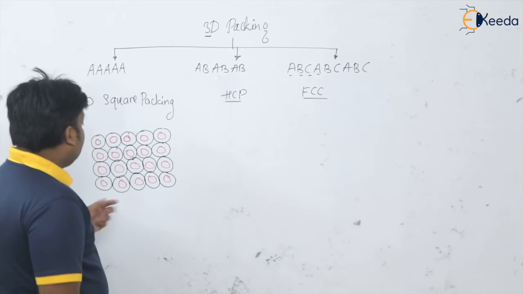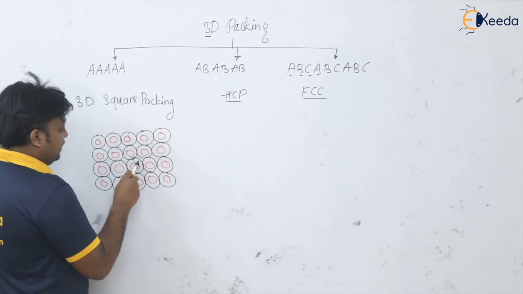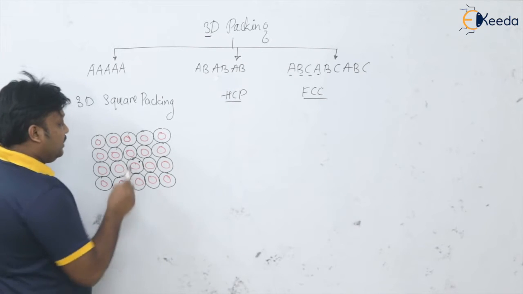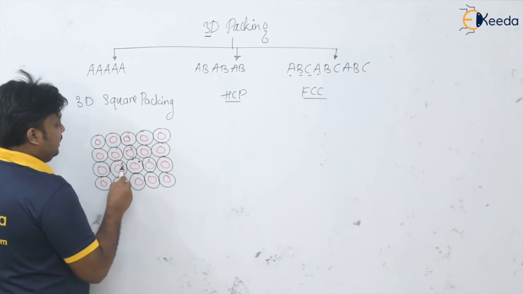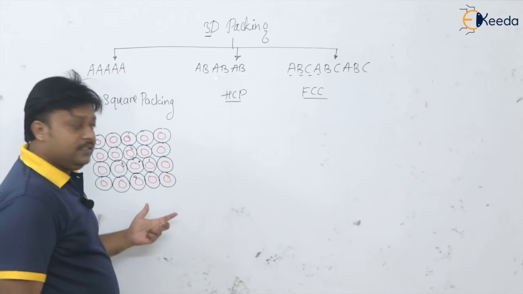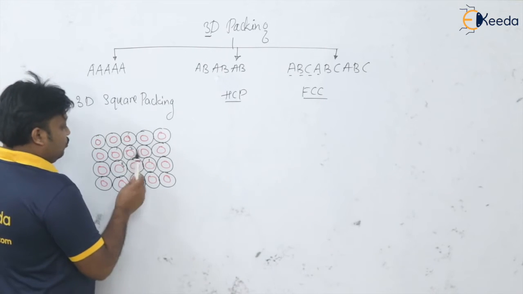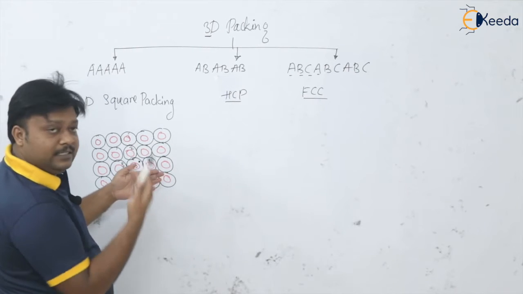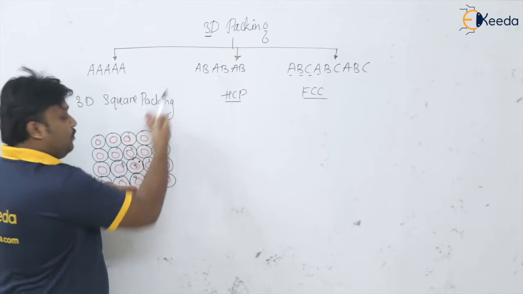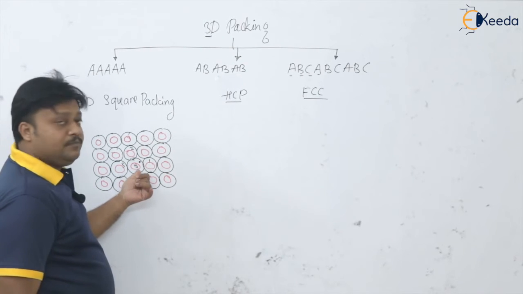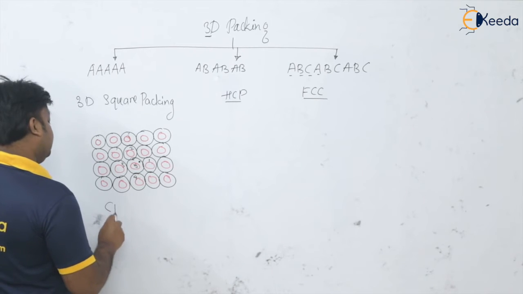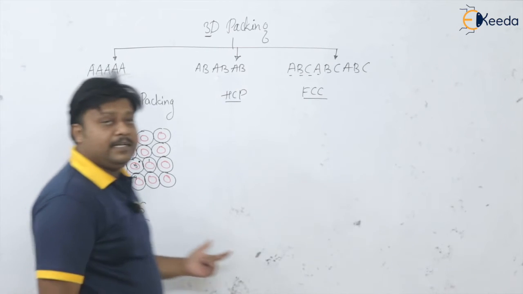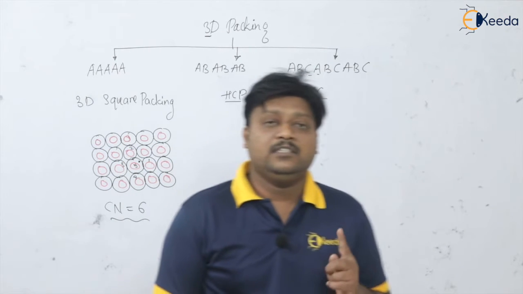So see, if I take this atom as an example, basically four atoms are touching it. This is 1, 2, 3, 4. In addition to that it is three-dimensional. So one, this is the fifth, is touching from this side, from the outer side, and one is from the back side touching this atom. So what is the coordination number for this? It is 6. Please remember, for three-dimensional square packing, the coordination number is always 6.